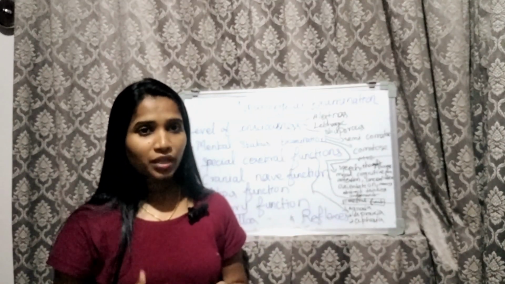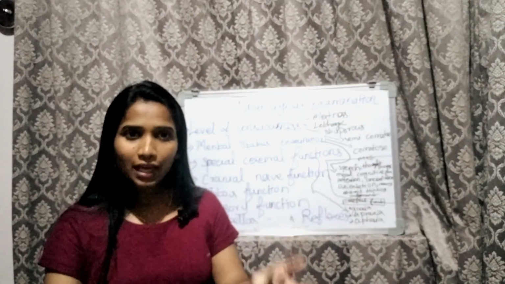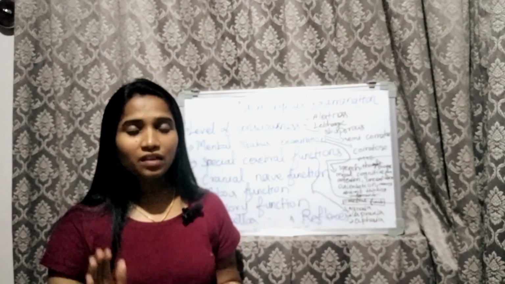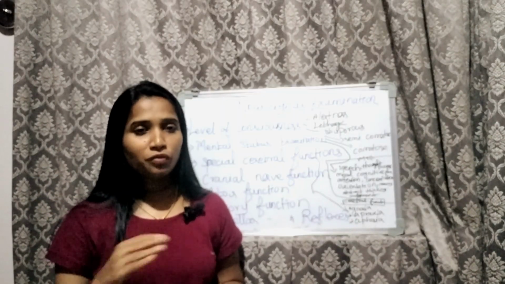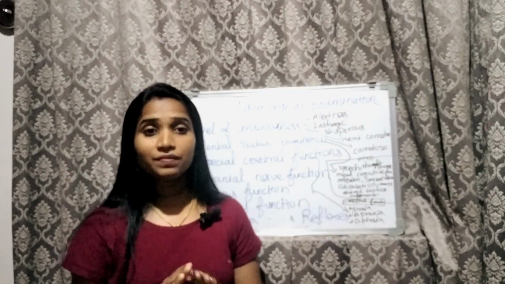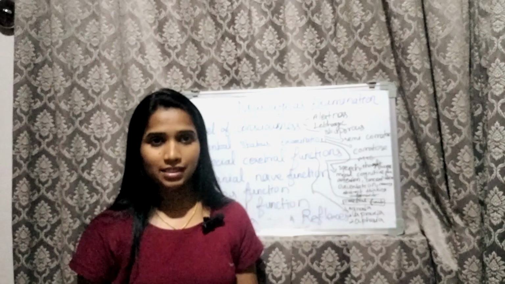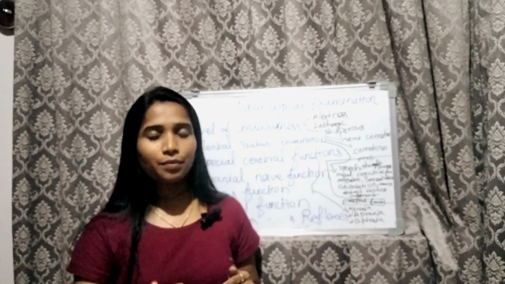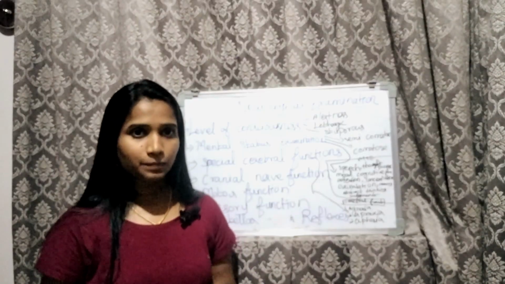How can you assess apraxia? Ask the person to do some skillful activity. Give commands like raise your hands, move your legs. If they can't do it even though the person doesn't have any paralysis, then the person is having apraxia.